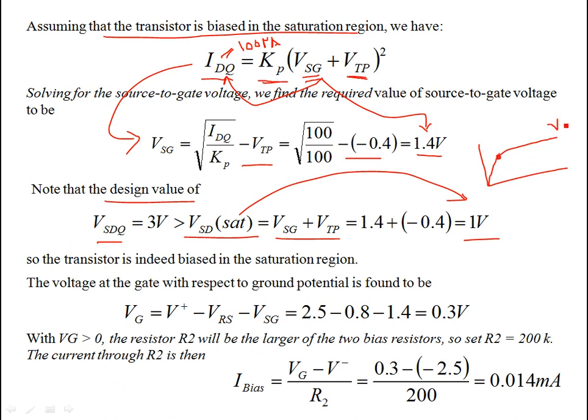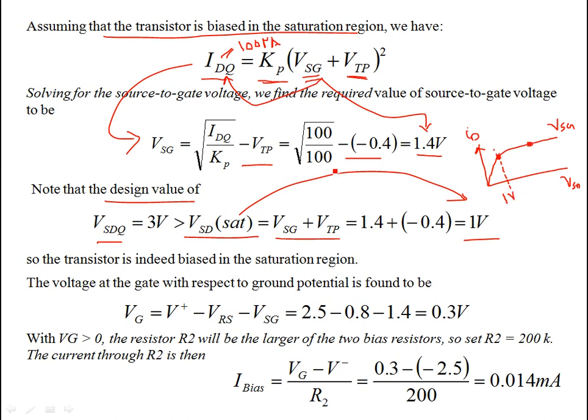For any given VSG for PMOS, you have VSD over here, and similarly you have the drain current on the vertical axis. So this point is differentiating between SAT and non-SAT. This point is 1 volt, and you are somewhere here, at 3 volts.